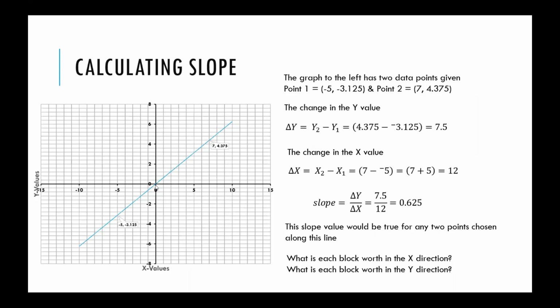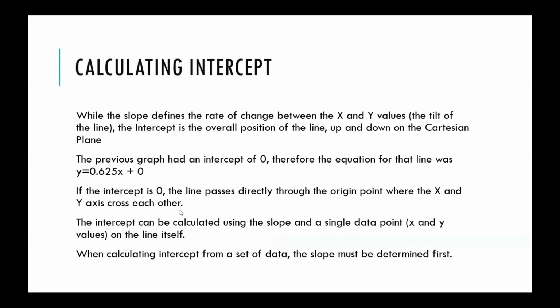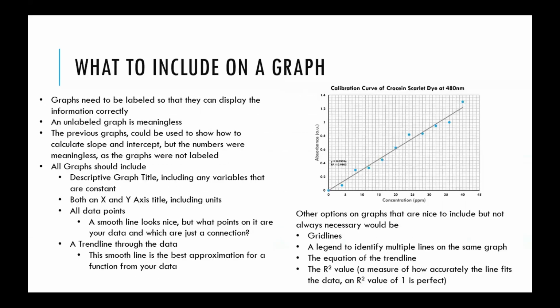They're not labeled with anything. There are numbers. These graphs, while I use them to show how to calculate slope and intercept, are literally pointless for anything else. You want to make sure a graph conveys the information that you want the viewer to see.